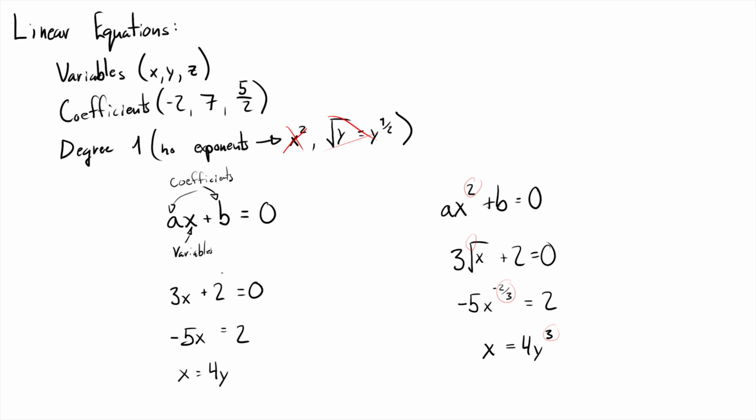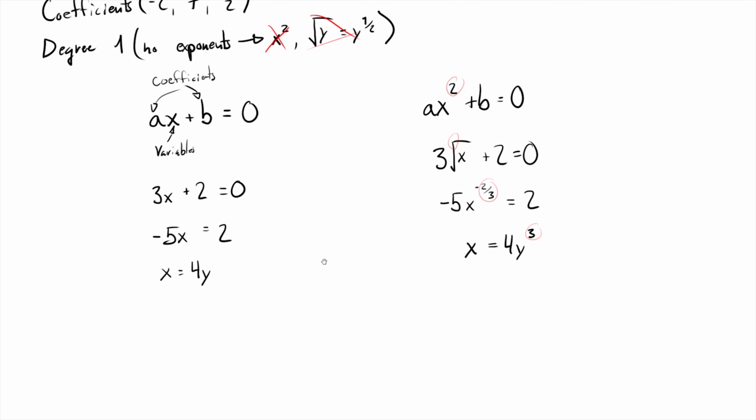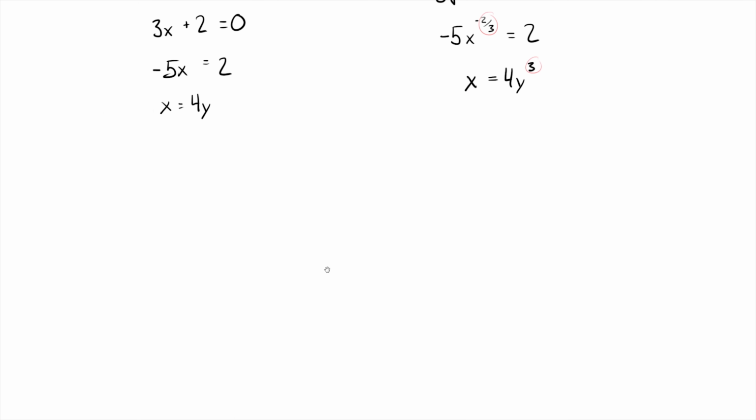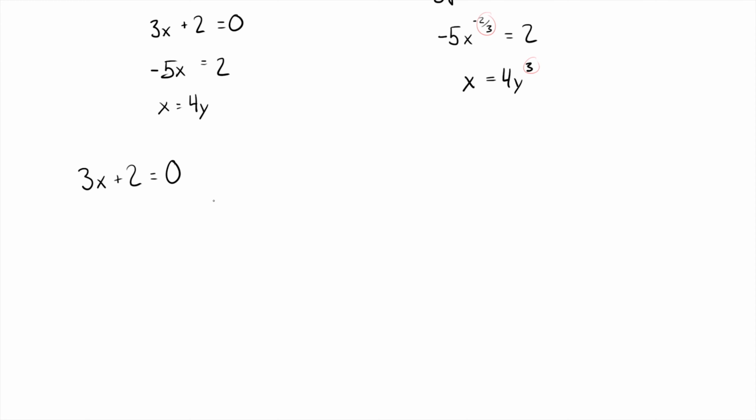So we're actually going to solve these two examples here. The first one being 3x plus 2 equals 0. So let's say I have 3x plus 2 and that's equal to 0. How am I going to solve this? What does it mean to solve this?